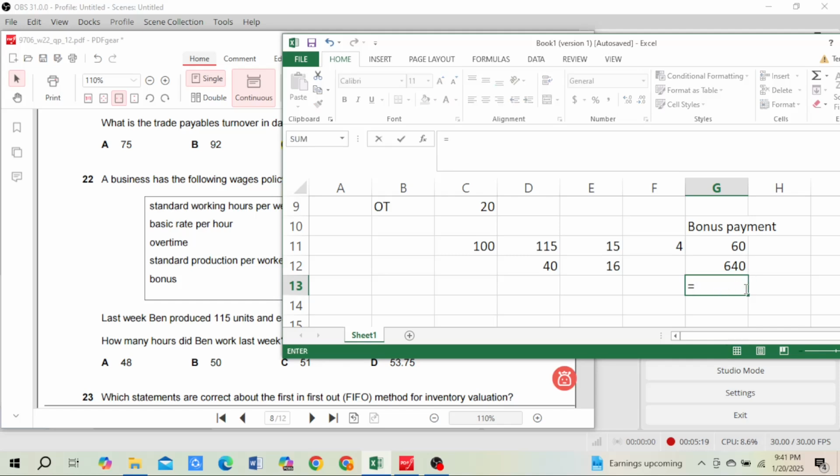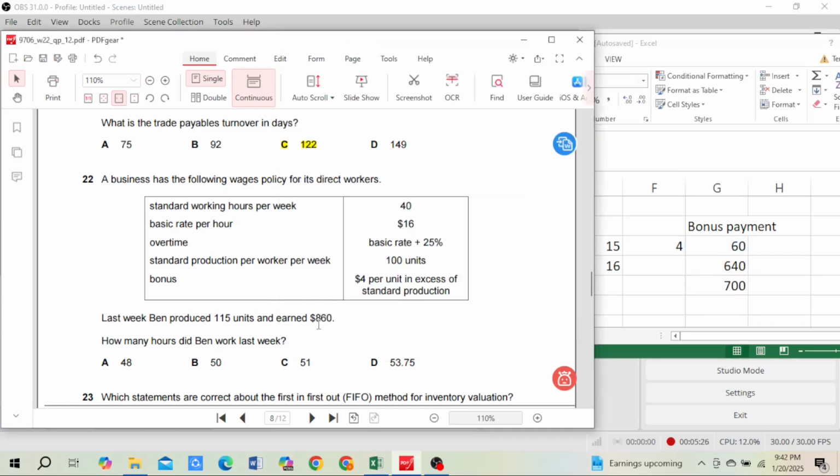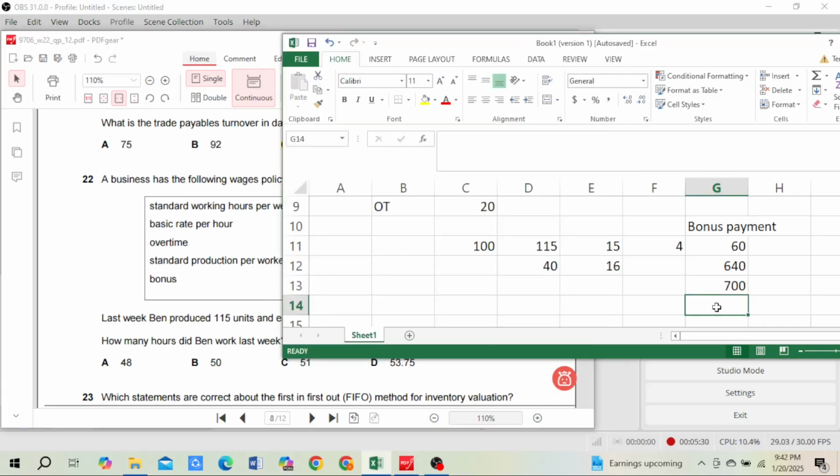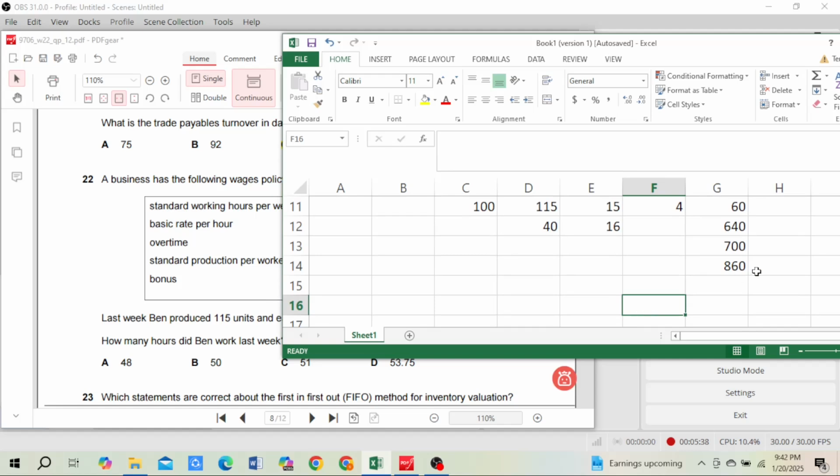So altogether his total payment here is 700. But as we can see in this question, he received a payment of 860. So that means this extra amount, which is 160, is from the overtime that he worked.